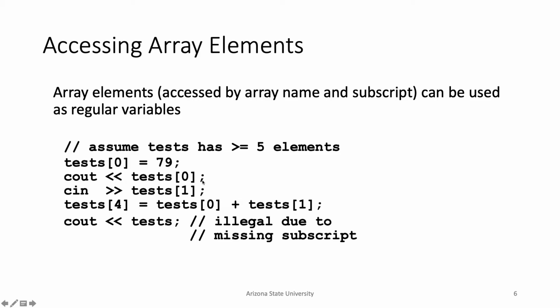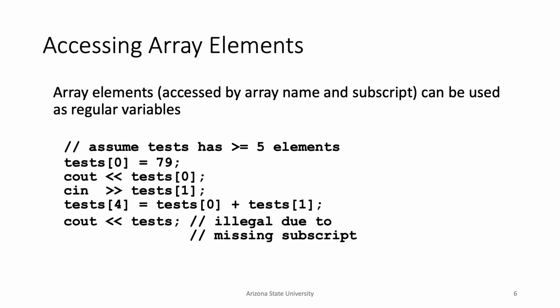cout tests of 0 would obviously print 79. The cool thing here is that the square bracket is used both for setting the value and getting the value. So there's not a setter and a getter here, which is pretty cool. If I want to set tests of 0, I just put it on the left side of the equal sign.